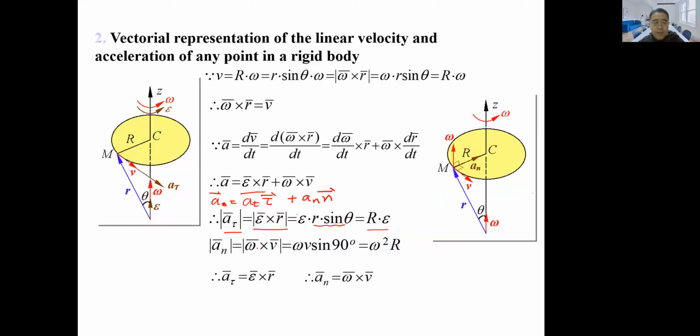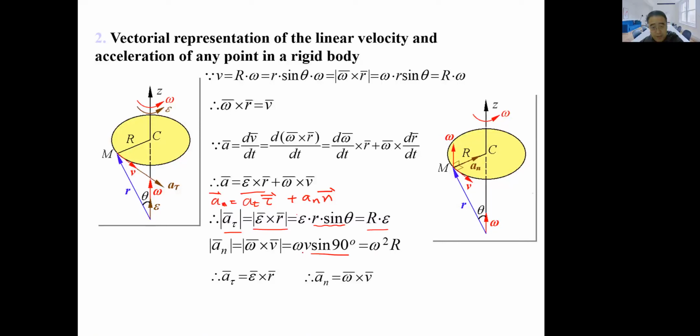And AN equals omega cross product V. So we have omega V sine theta, because our omega is always perpendicular to this vector V, right? So this will be 90 degrees.